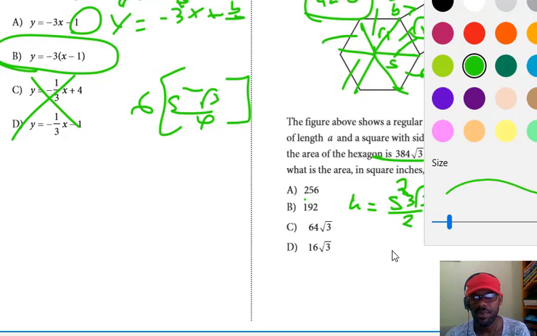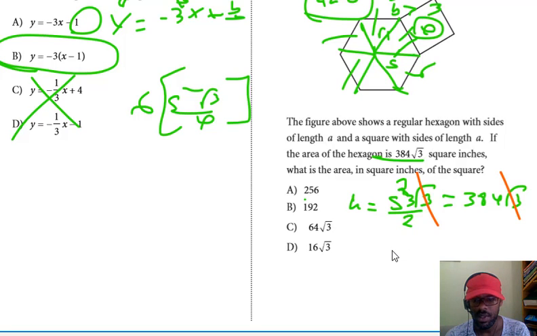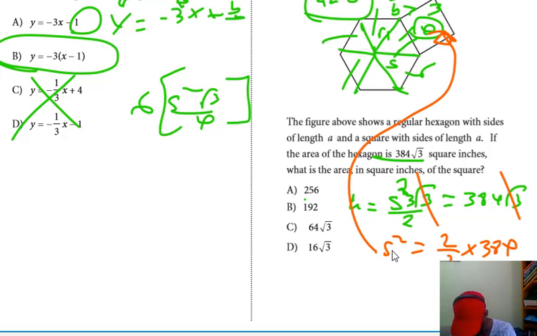Cancel out root 3. So to find s squared, which is of course the area of the square that we're looking for, it is 2/3 of 384. When I use the calculator, that gives me around 215. This is the same as 215.